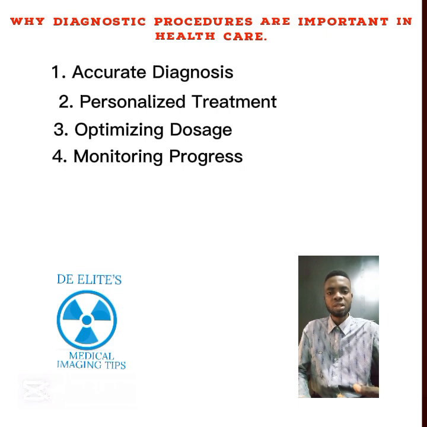You understand what I mean? It monitors how far you've gone, how you're responding to treatment. So let's say you carry out a test and the sickness was, let's say, 50%. You went back, and it has now reduced to 10%. You understand? So it's giving you the progress until it's completely eliminated.